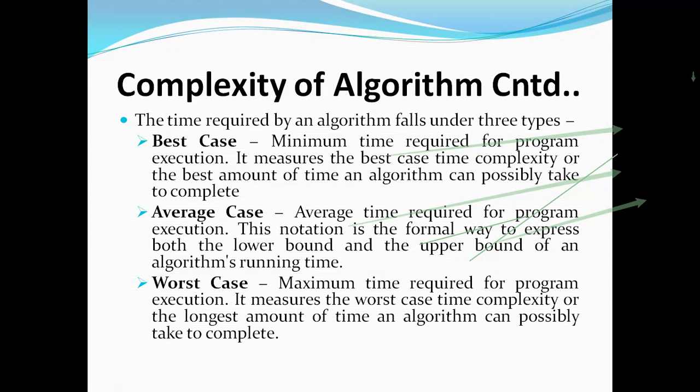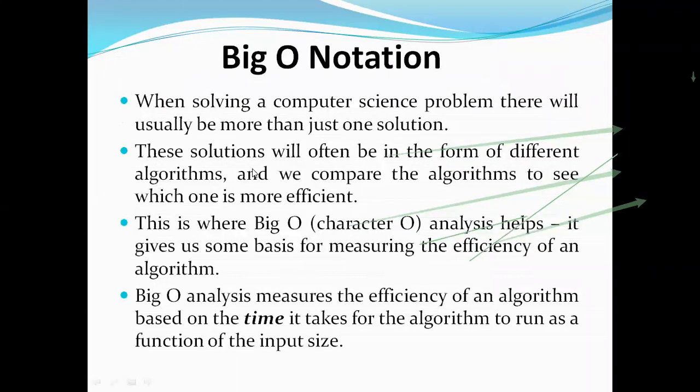If it takes appropriate time, then I will say that it comes under the category of average case. So in this pattern, we can define in which category our algorithm lies, that is best, average, or worst. It is represented with the help of big O notation; we represent the complexity with the help of big O notation.